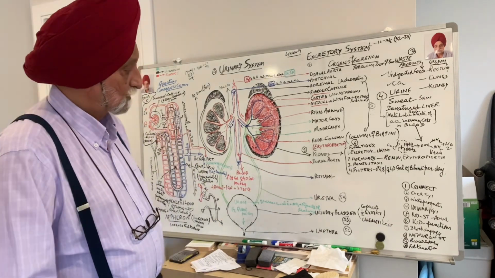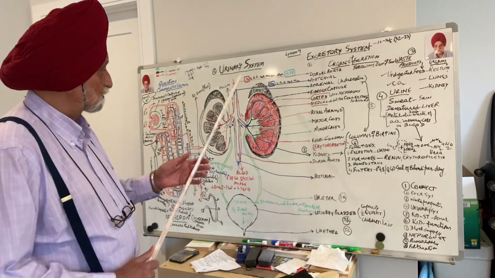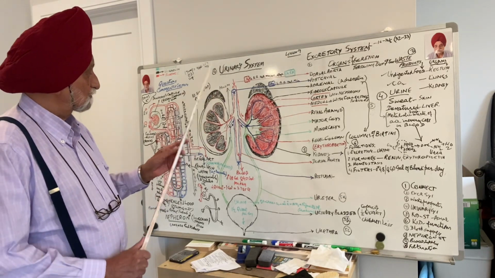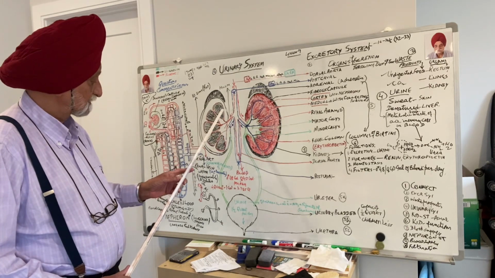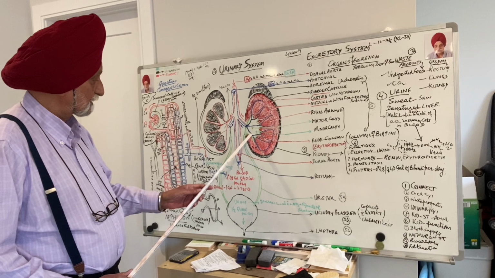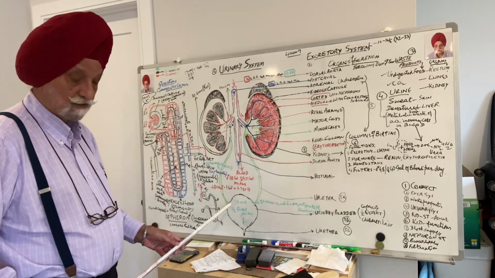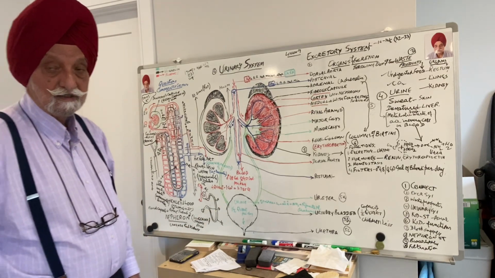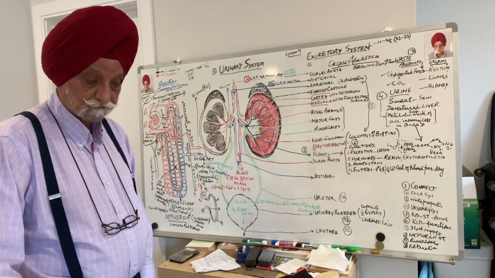Now, we come to the organs of the urinary system. The organs of the urinary system are a pair of kidneys, a pair of ureters, one ureter from each kidney, opening up into the urinary bladder, and the urinary bladder opening to the outside through the urethra.